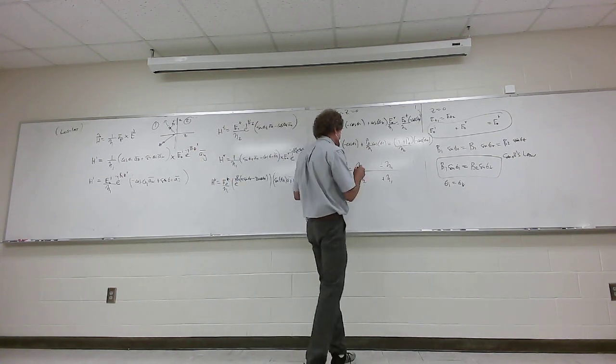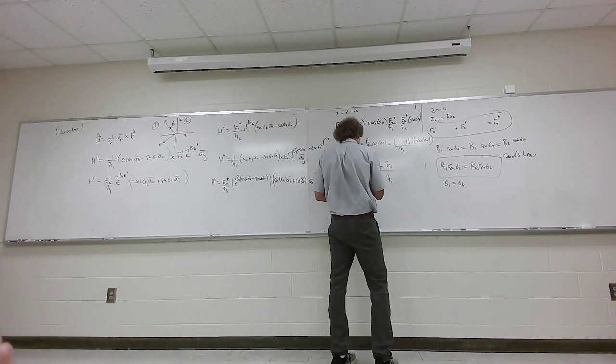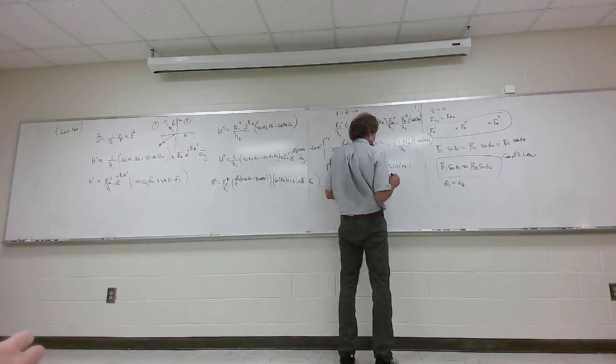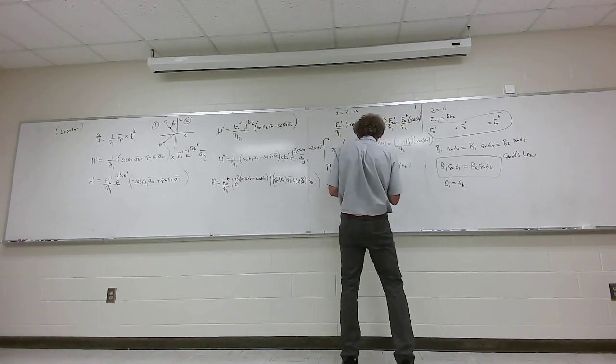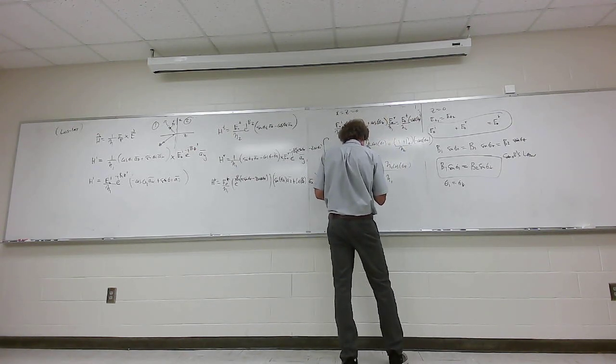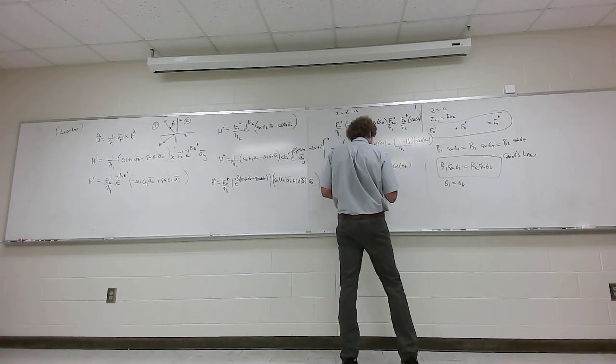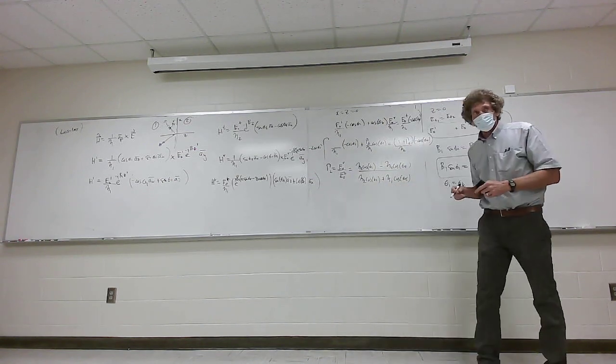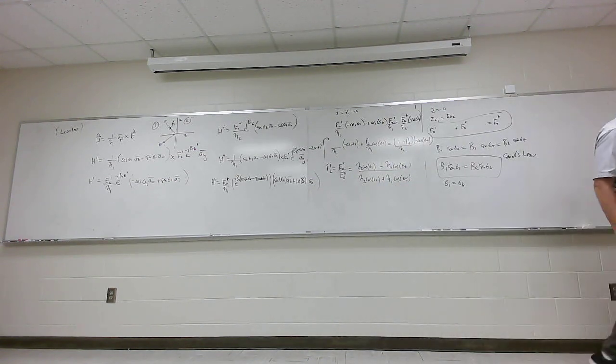Then what happens is here, it will be the cosine of theta incident, and this will be the cosine of theta transmitted. Here, this is going to be cosine theta incident, and this is going to be the cosine of theta transmitted. Now, understand that's going to be the transmission coefficient.